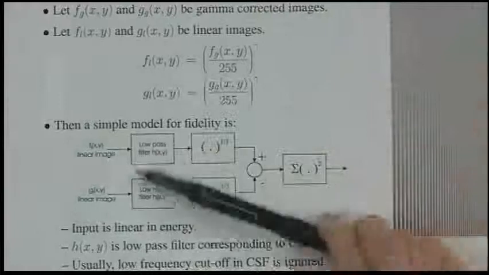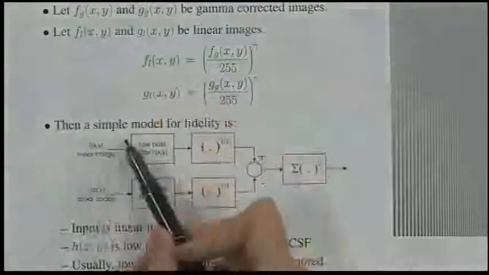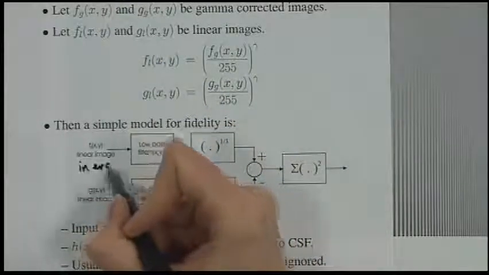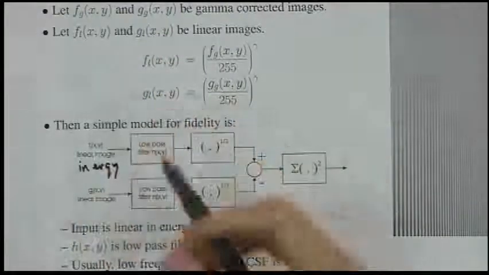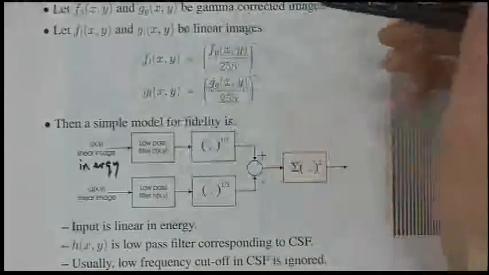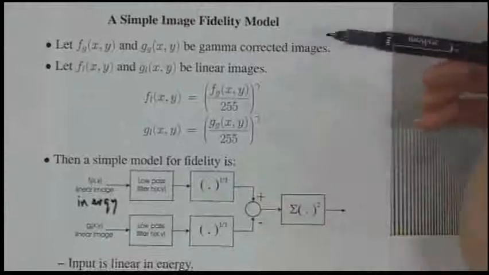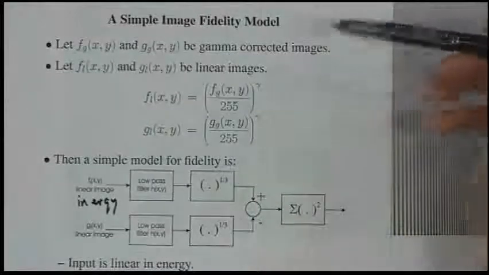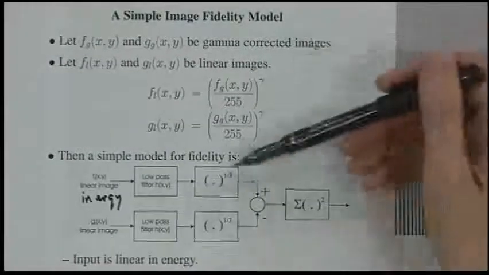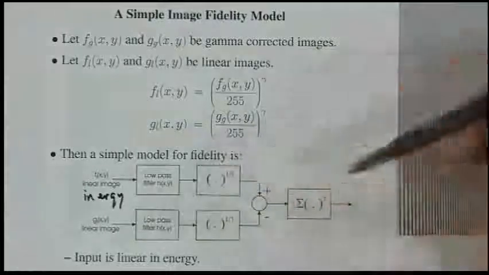So you want the units of what you're putting into this low-pass filter to be units of energy. Okay, so you want them in a linear scale, linear in energy. So if you're starting out with images in a gamma-corrected format, which they very well could be if you're just pulling them off the web, for example, you need to de-gamma them. You need to put them in a linear scale before applying this low-pass filter. Otherwise, that weighted sum won't make sense.